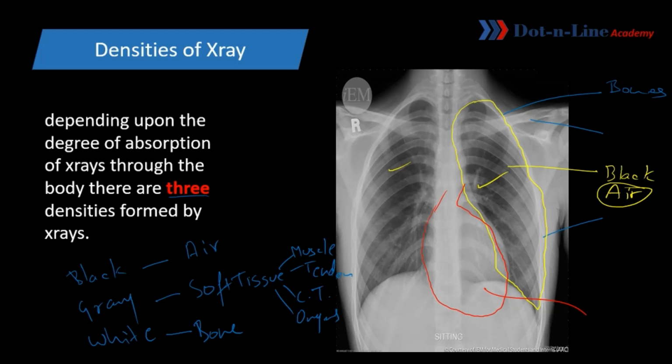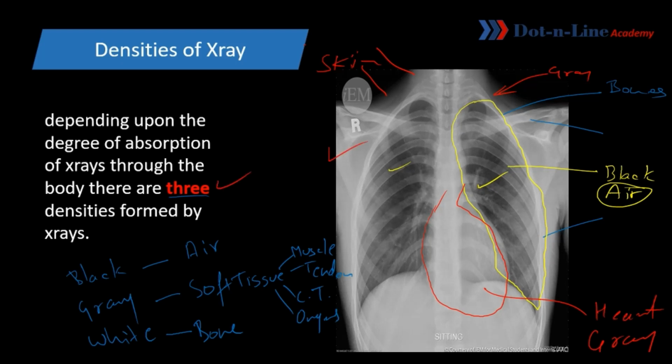The other grays, here it is gray, here it is gray, the sternocleidomastoid muscle. There will be a muscle. On the surface you will see it will be skin. Skin is also soft tissue. So these three densities will tell you all about what structure you are seeing in the X-ray.